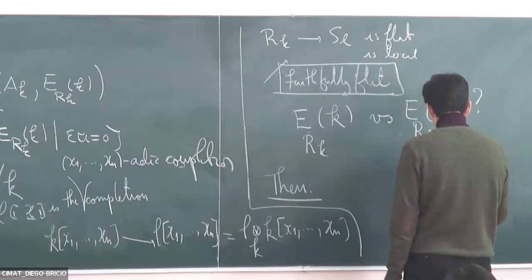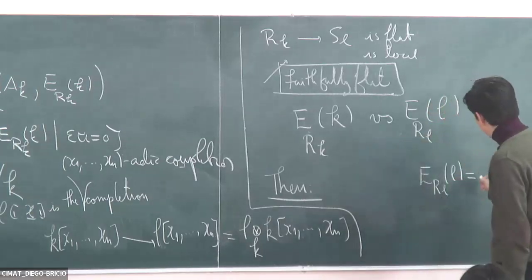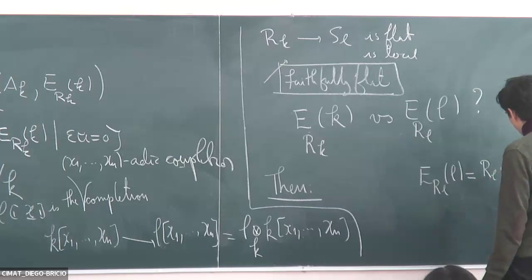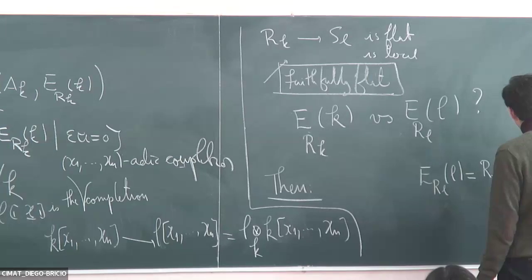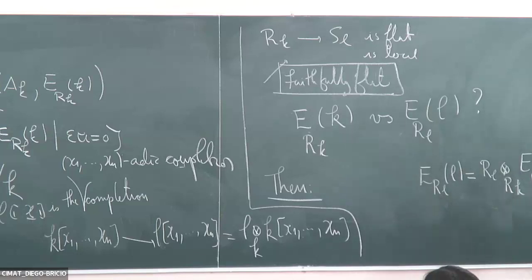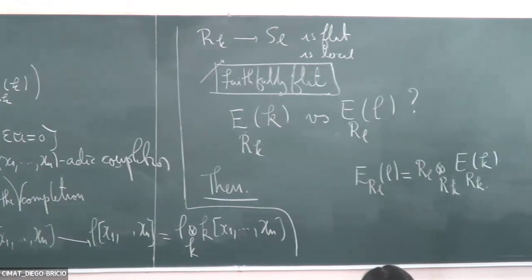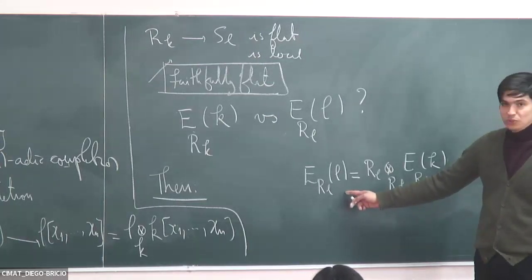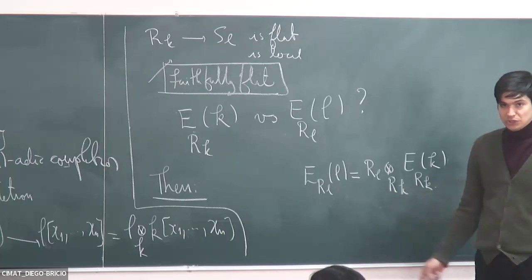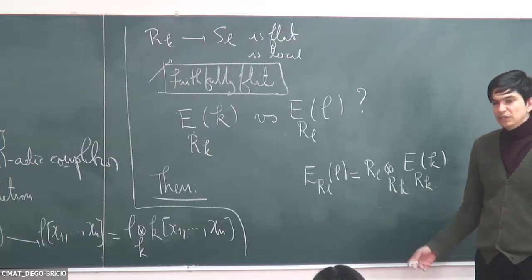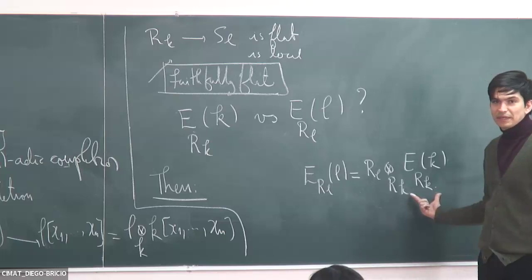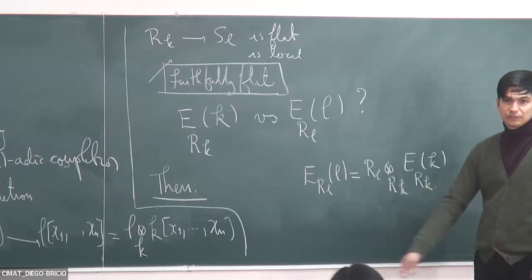E of L is going to be obtained by a faithfully flat base change of the injective hull of K over R_K. Because you have explicit description, all you have to do to get one from the other is just to change the residue field. They're identical, right? So these two things will admit the exact same description. The only thing that matters is the field. So all you have to do is to do a base change.